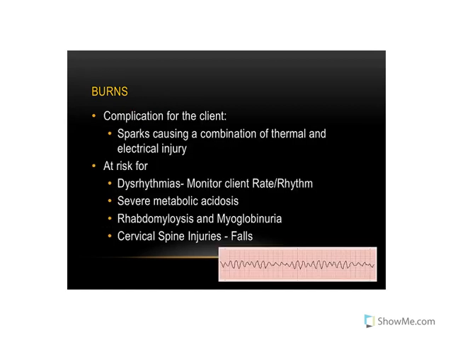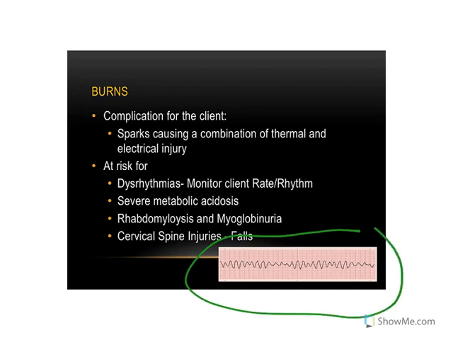So make sure that we are assessing this client thoroughly, entry and exit point. Make sure that they're going to be on telemetry while they're with us. That's the whole electrical system of the heart. So you have an outside source of electricity, and now it's going to play a role in how well you're healing or not healing, or your increased risk for dysrhythmias.